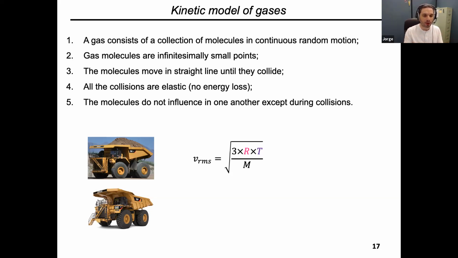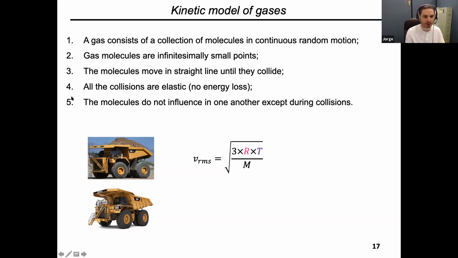And all the collisions between the gas molecules and the walls of the flask are considered elastic. In other words, there is no energy loss when they collide with the walls, which will reflect in a constant speed that the molecules are moving.